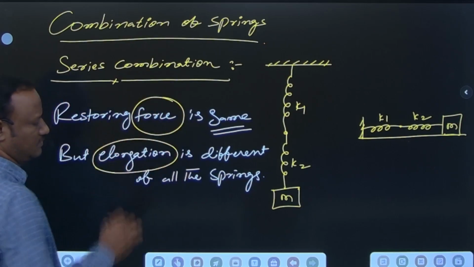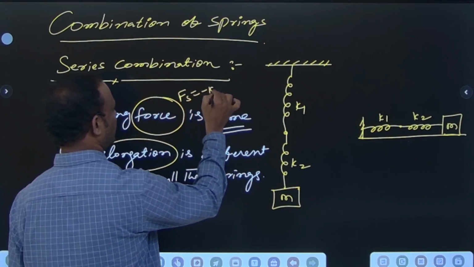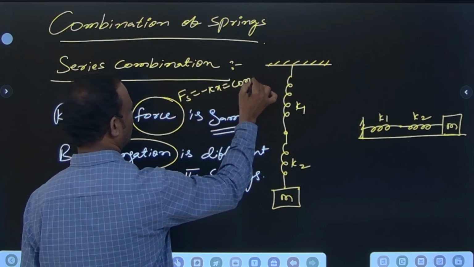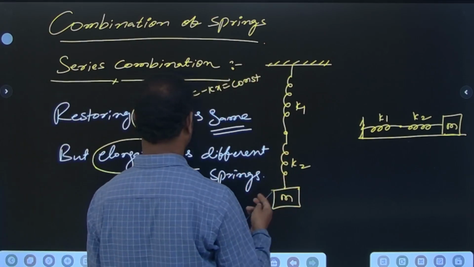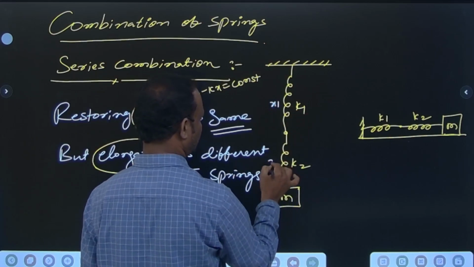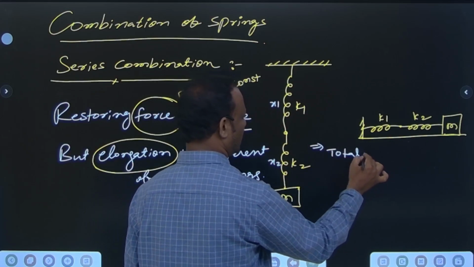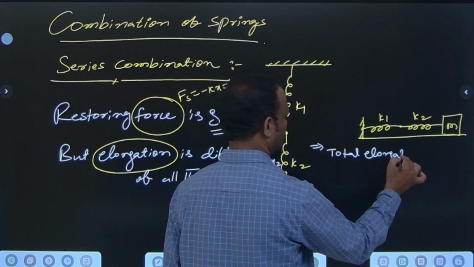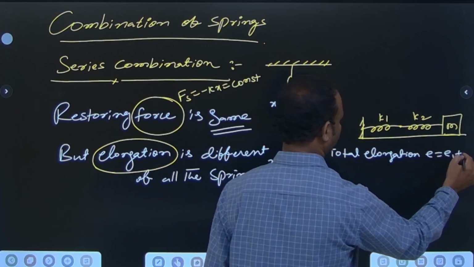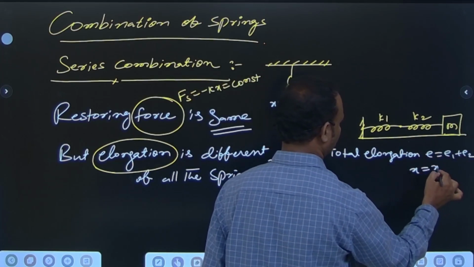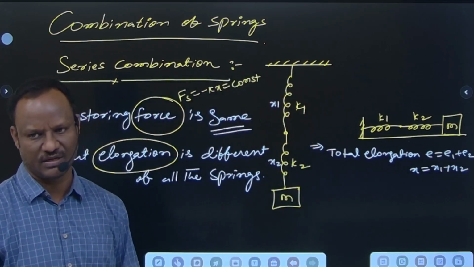Force is the same; elongation is different. Force is the same means F is equal to minus kx, which is constant. Elongation is different: x1, next x2. Total elongation X is equal to x1 plus x2.